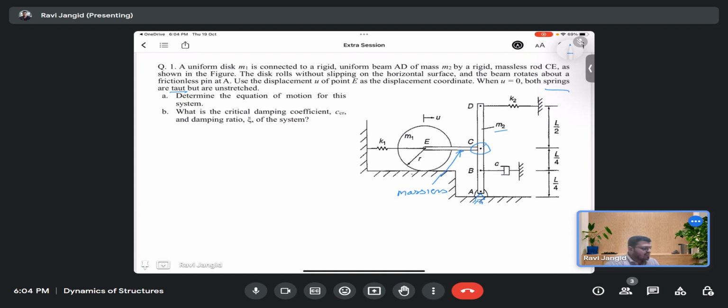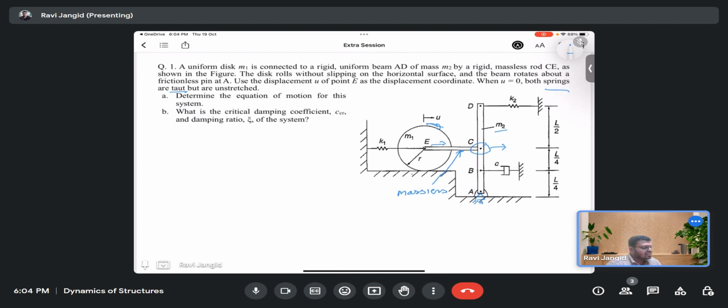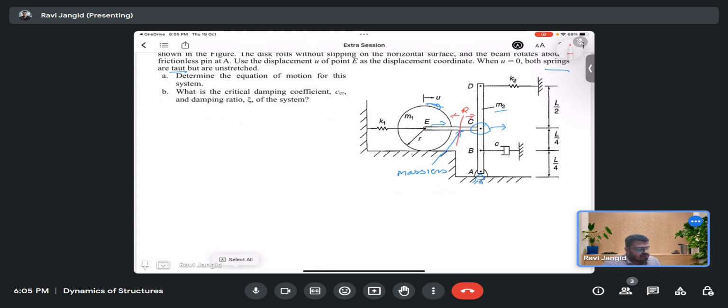If I give a unit displacement, then this disk starts to rotate, and as it rotates, this bar goes this side and applies a force at this point C. So we will make a free body diagram of this, and if I cut a section at this point in the rod, to maintain equilibrium it will have a reaction like this. Let us call this R. So I will make a free body diagram of this system.